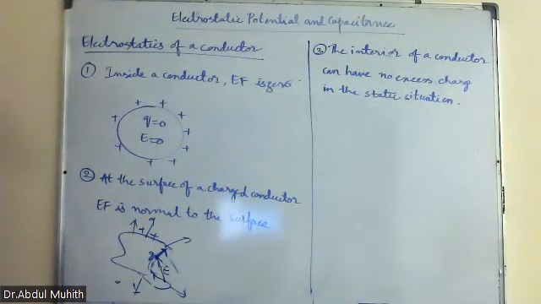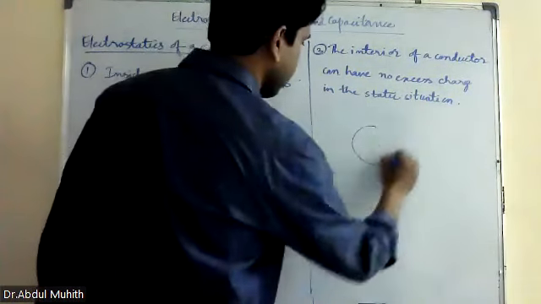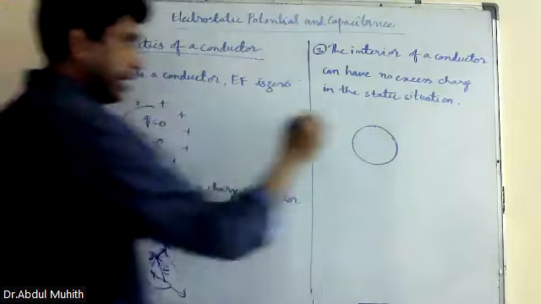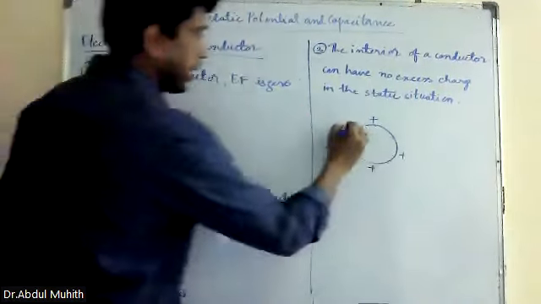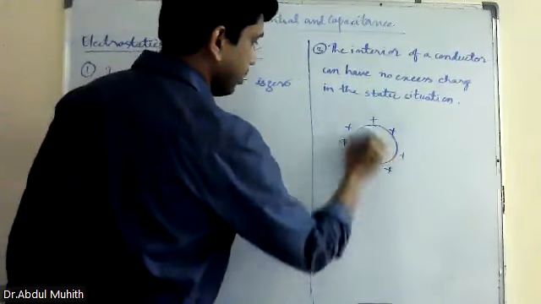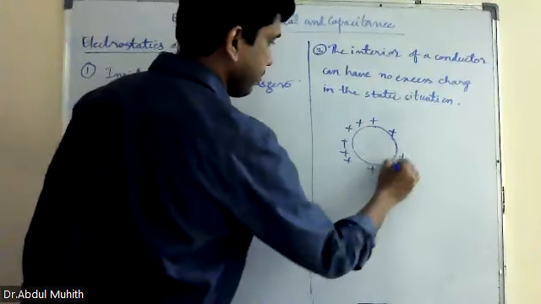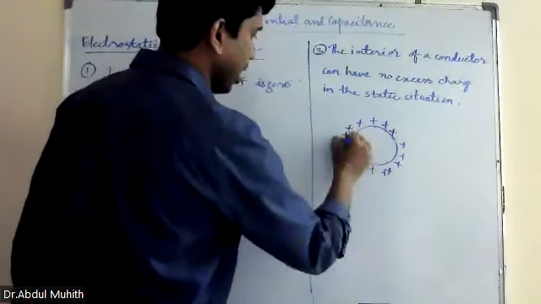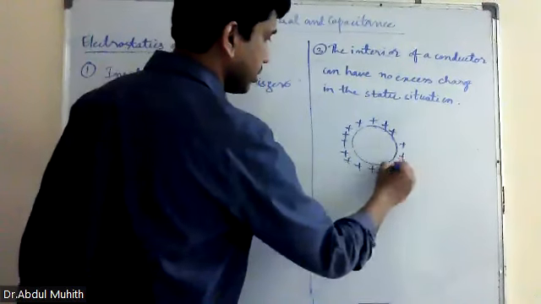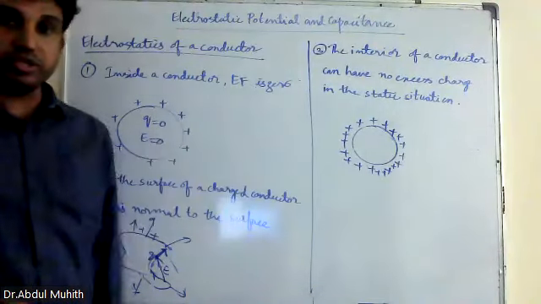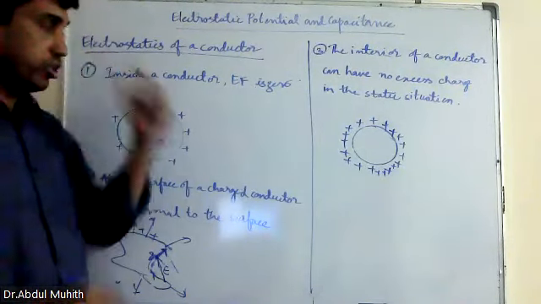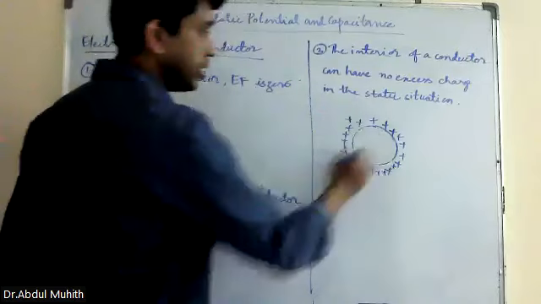Suppose, for example, this is a body. We are adding charges: first lap, second lap, third lap, fourth lap. We keep on adding the charges. If you keep adding charges, they will reside on the surface only. It doesn't mean that extra charges go inside the body.